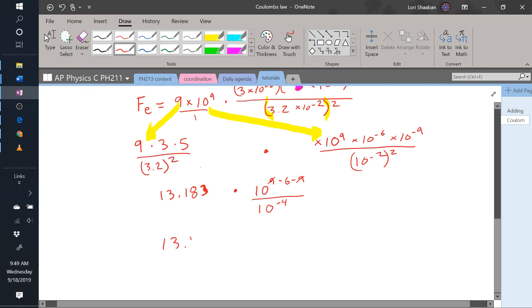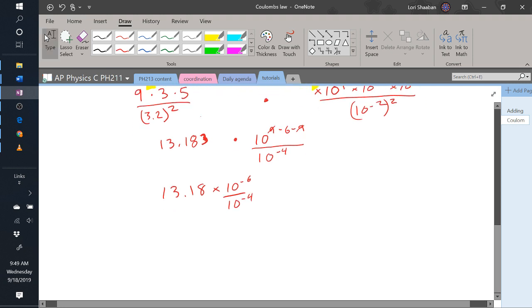So I have 13.18 times 10 to the negative 6 divided by 10 to the negative 4. And when I divide numbers with the same base, I subtract the exponents. And I get 10 to the negative 2.